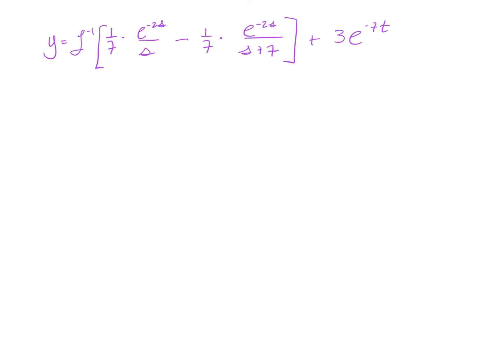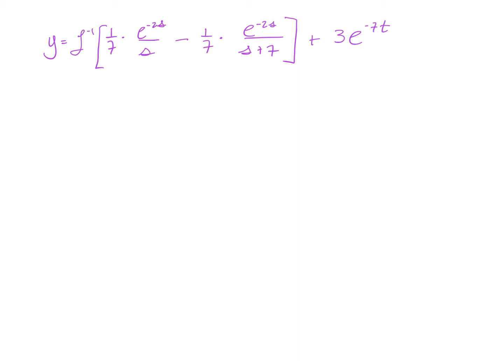Okay, so I replaced what was in the brackets with a version of what we got by doing partial fractions. I pulled the 1/7 out of the fraction, and then I distributed the e to the negative 2s. Okay, so that means that we can now do the inverse Laplaces.